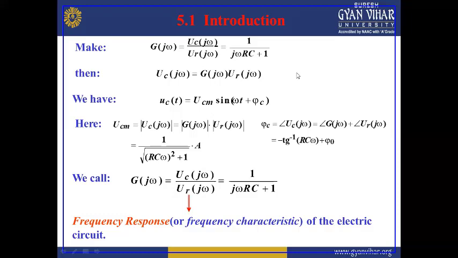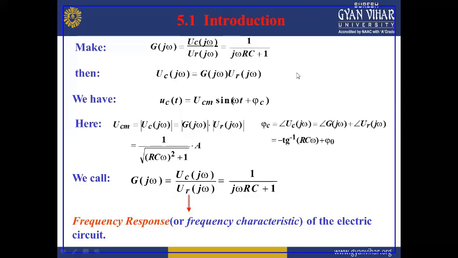Therefore, the UCM could be written as the magnitude part of the output, which is equal to the magnitude part of the gain multiplied with the magnitude part of the input.